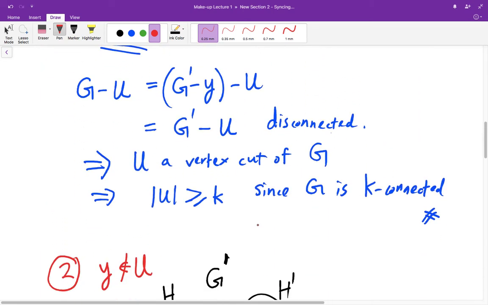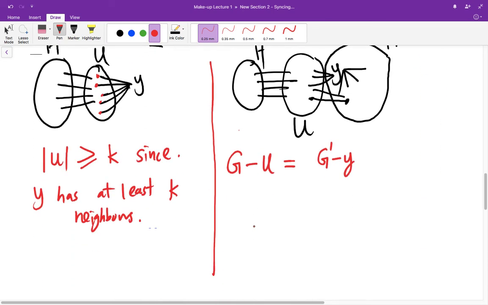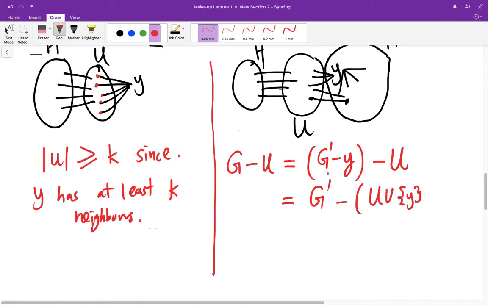So this is G, and then we have the vertex cut U. Now we're going to combine U and Y together. So we're going to think of this as the graph G prime having the set U union Y being deleted from G prime.